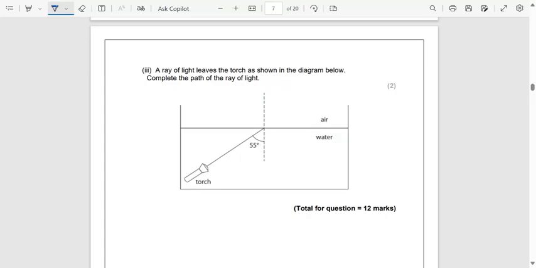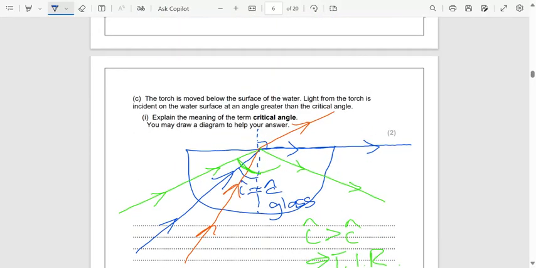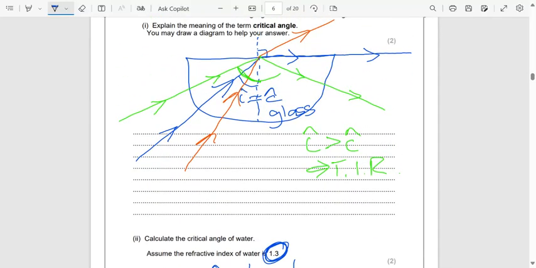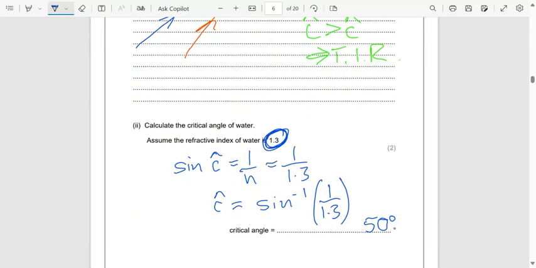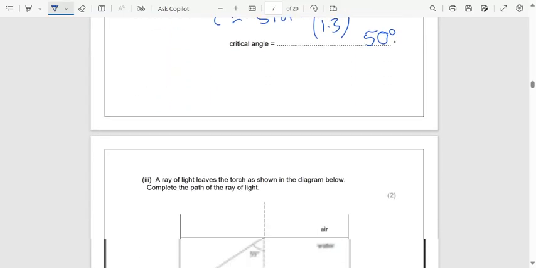A ray of light leaves the torch as shown in the diagram below. Complete the path of light. Now the key thing, look, they're trying to lead you into this. If you look at how the question develops, C part 1 is talking about critical angle, and getting you to think about what happens before and after the critical angle. In C part 2, they've got you to calculate the critical angle, and it's 50.